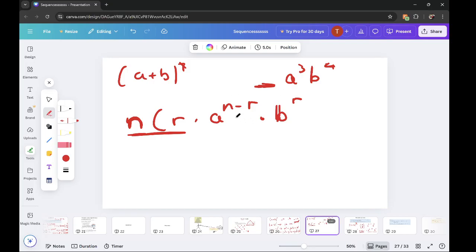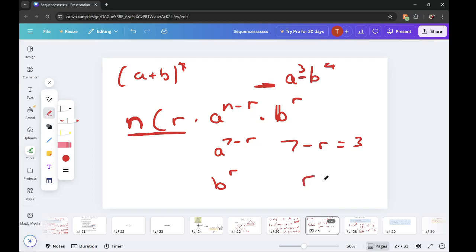We know n has to be equal to 7, so a to the power of 7 minus r and b to the power of r. So 7 minus r has to be equal to 3, as that is the power we want for a, and r has to be equal to 4 for b to be satisfied. So r has to be 4, and they both match and both work.